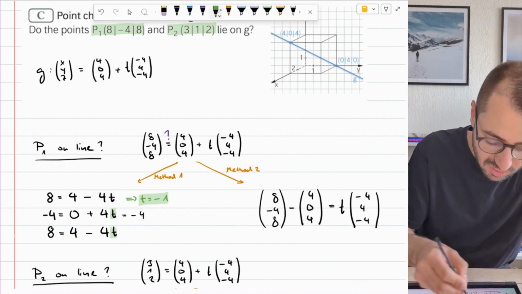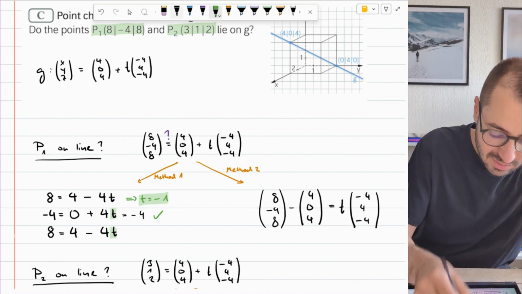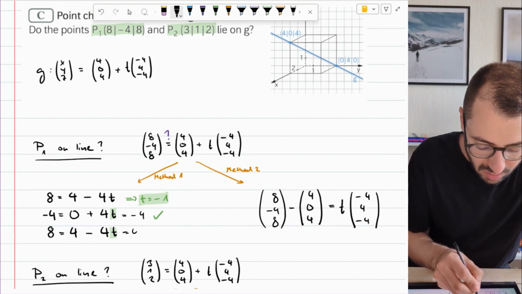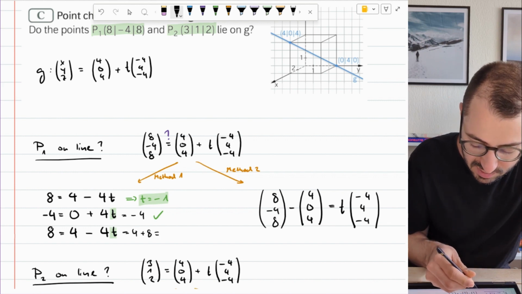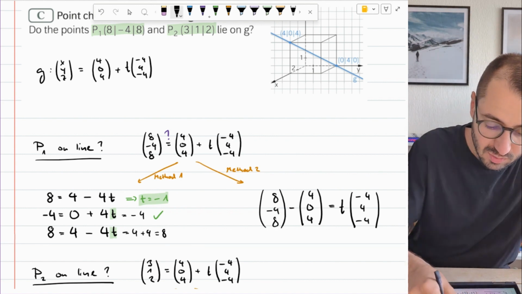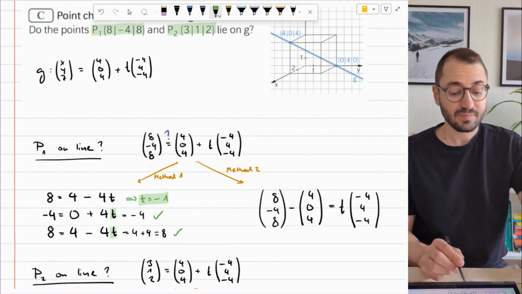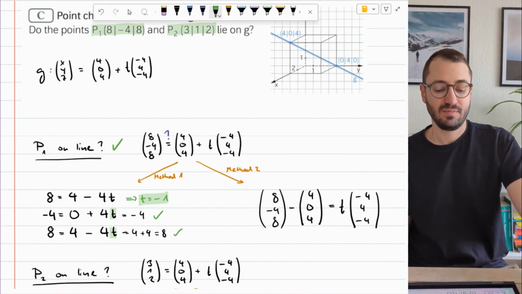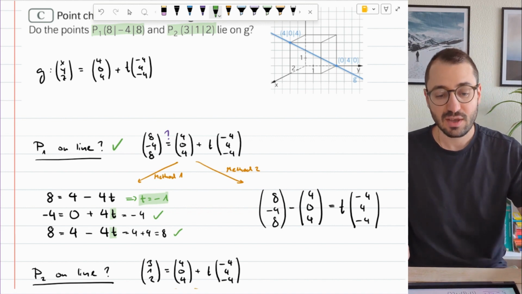This one is correct. And the last one, plugging in -1: it's 4 minus -4, so 4 plus 4, and this will be 8. So this one is correct as well. This tells us, yes, P1 is on the line. That's the first way you can solve that.